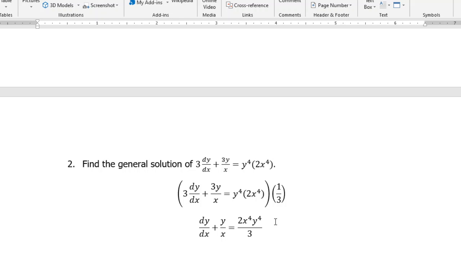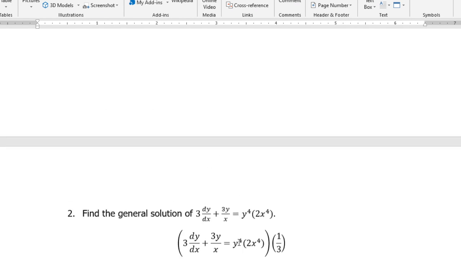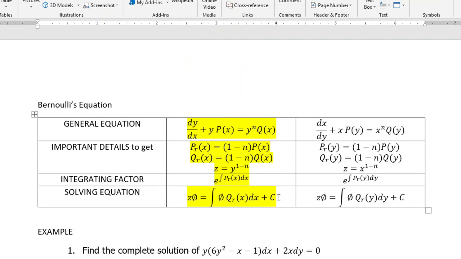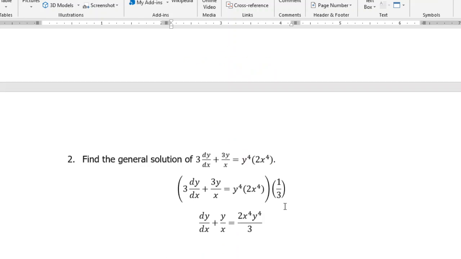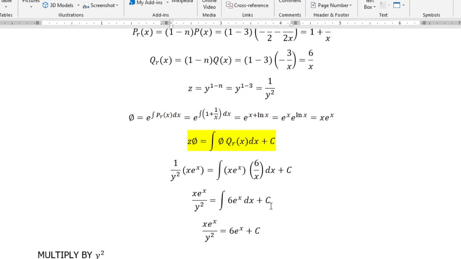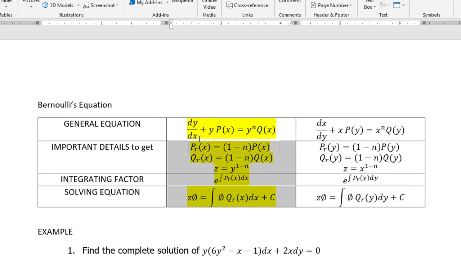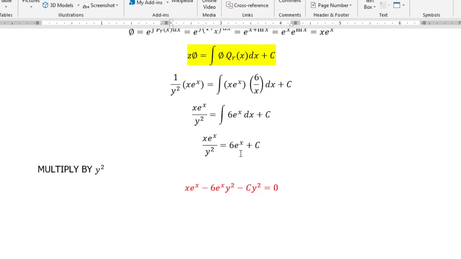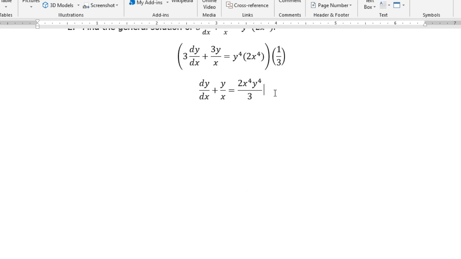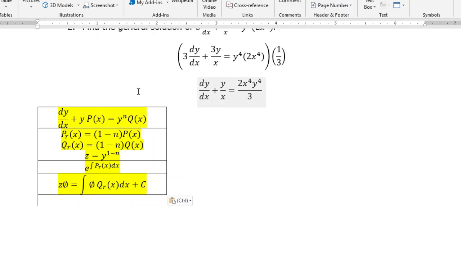So, general form na ba yan? Siguro. So, dy over dx ulit tayo. Tama. So, copyin lang natin to para maging guide natin. Okay, yun yung table, dy over dx plus y.